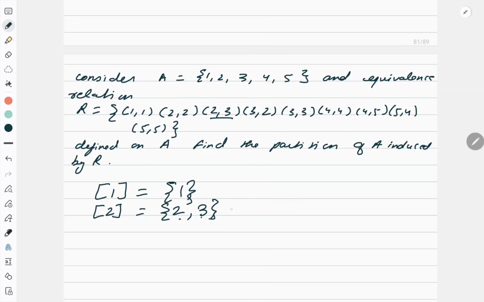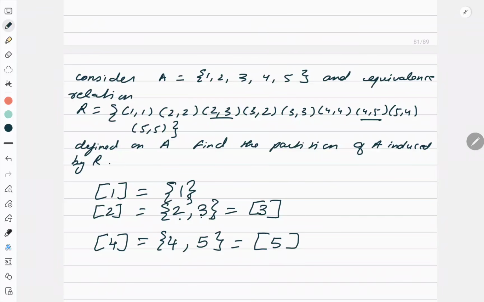Obviously 2 and 3 are here, so it will be equal to the equivalence class of 3 also. Right? Then I'll do 4. Now 4 is connected to 4 and 4 is connected to 5 also. So I can say this is equal to the equivalence class of 5.